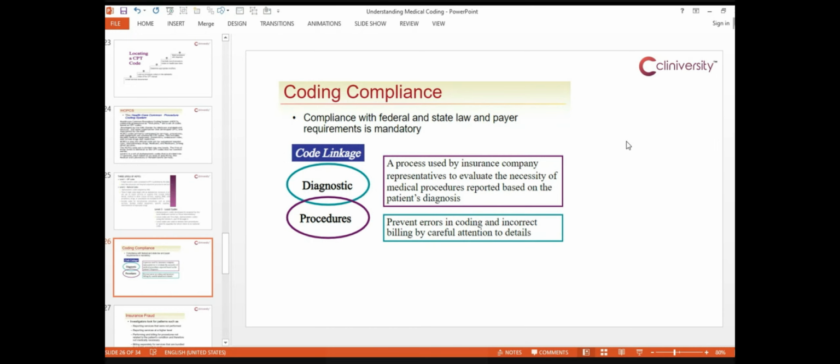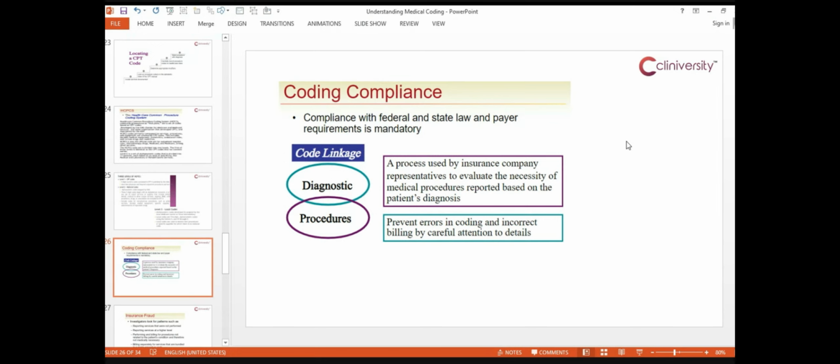Compliance with federal and state law and payer requirements is mandatory. This involves diagnostics and procedures. When I'm talking about diagnosis and procedure, I hope many people will agree with me that when any patient goes to the hospital, the diagnosis and the procedures provided to them are linked together, right?